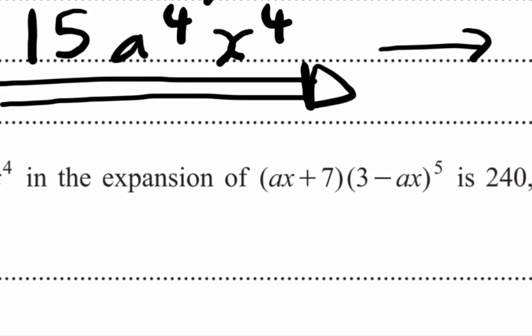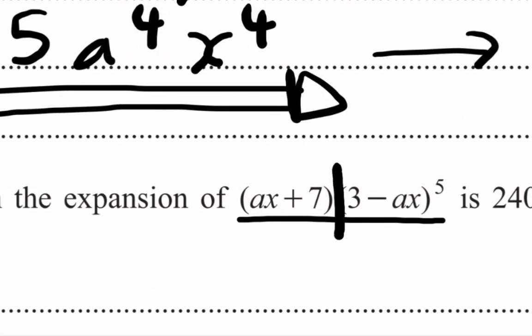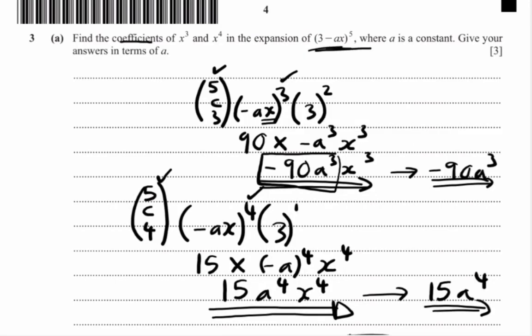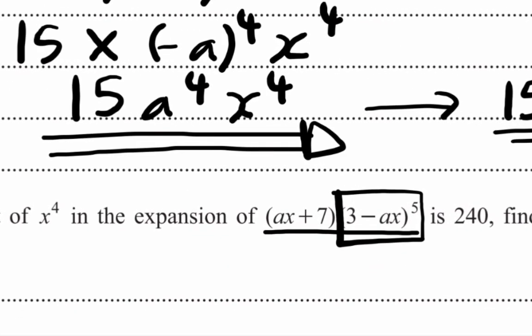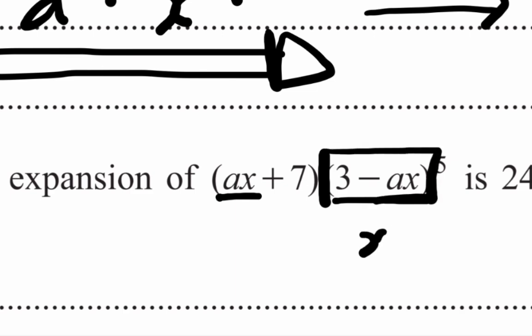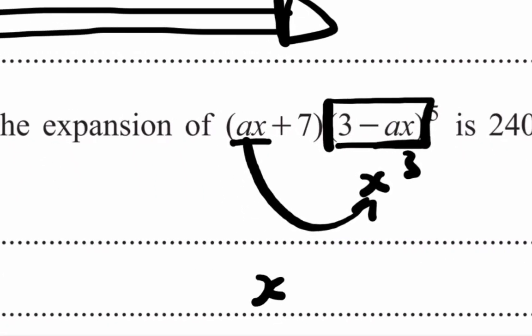So for us to get a term in x to the power 4 here, if you look at this closely, you can see that this is what we were dealing with in part A. So for us to get a term in x to the power 4 of this whole thing, it will be from us multiplying this ax and the term for this bracket that is to the power 3. Because if you multiply this and the term with x to the power 3 here, our result will be a term in x to the power 4.